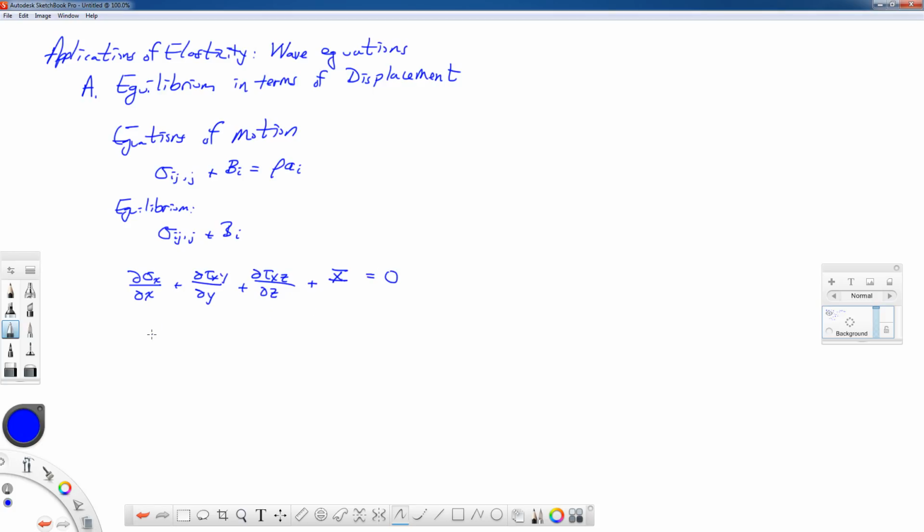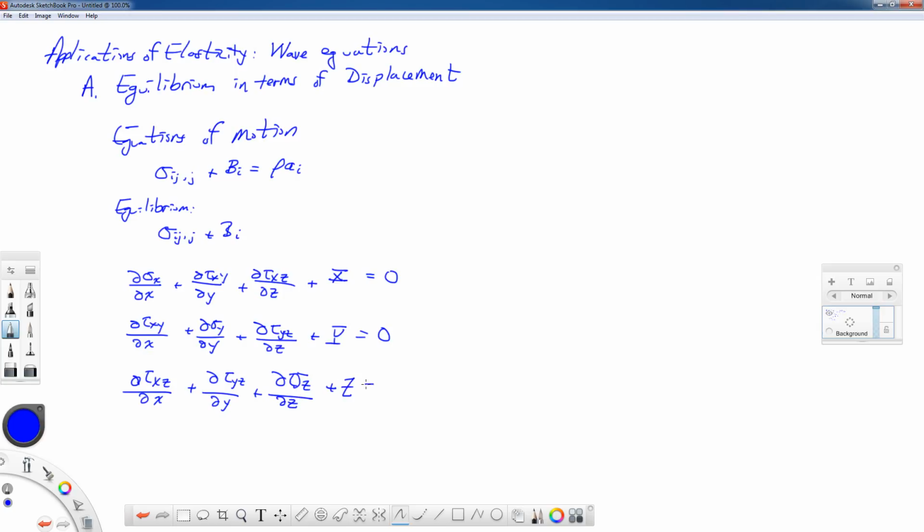And I'm going to write down the next two. And there we have our three equilibrium equations.